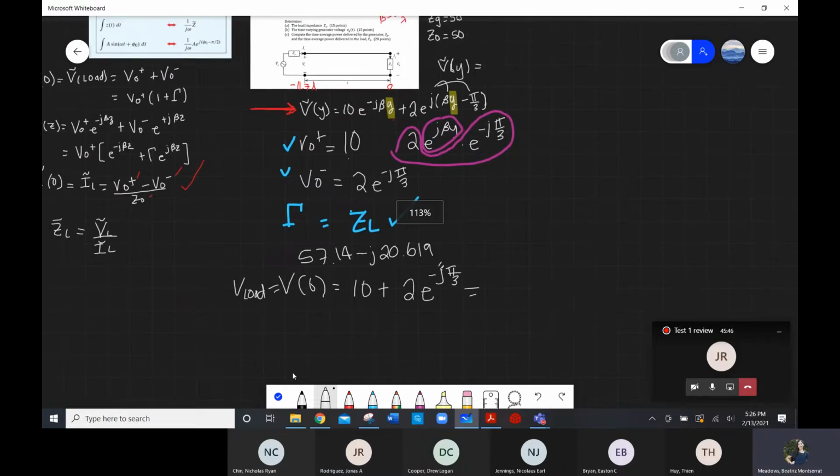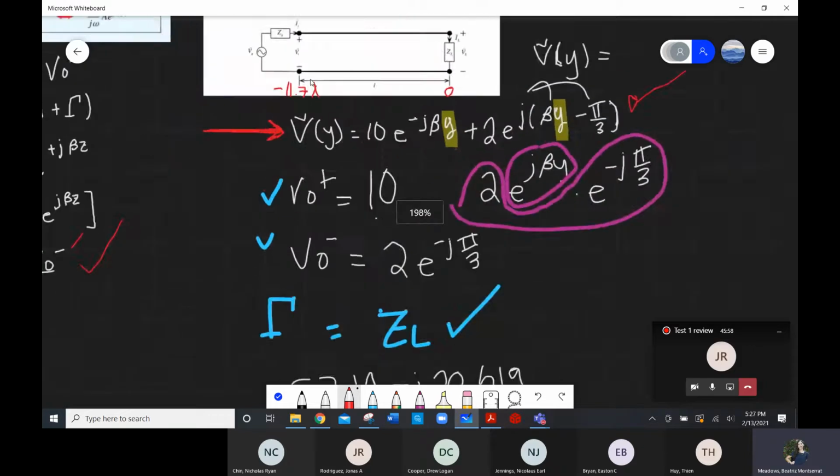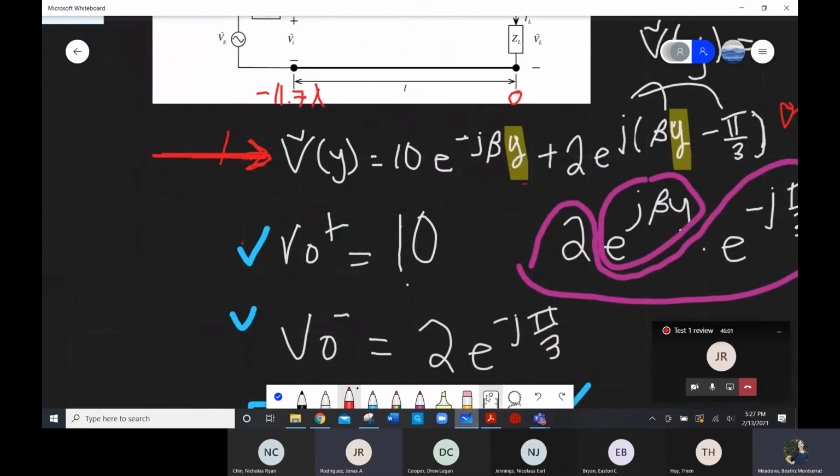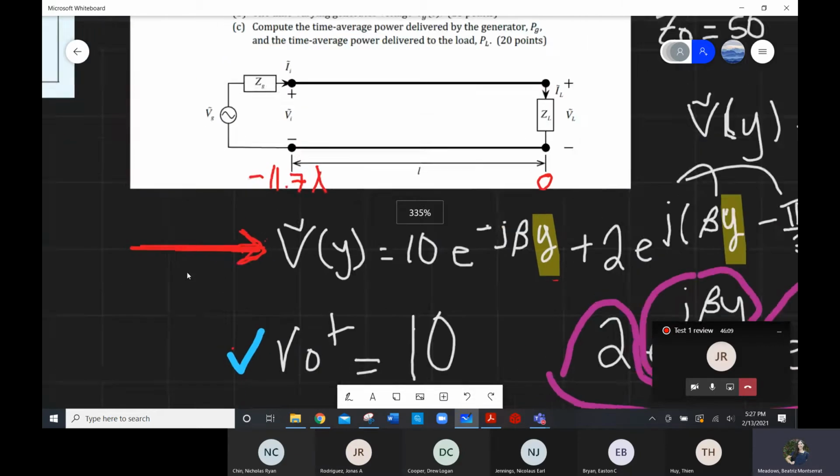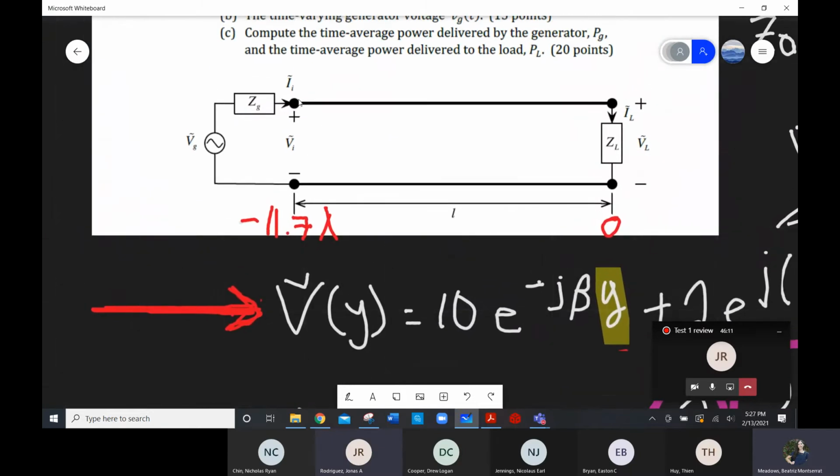You have so many resources in this little equation he gave you. From here, you're also going to find V in, which is the voltage. Does anybody remember where V in is? It's at minus 11.7 lambda. Yeah, exactly.